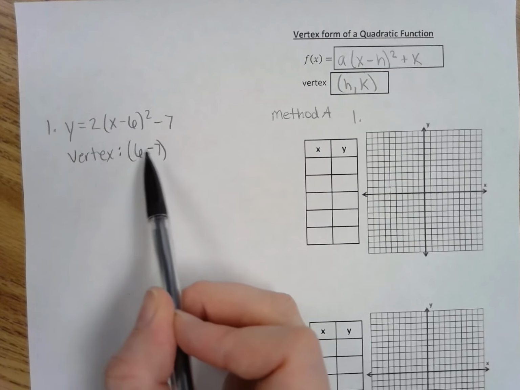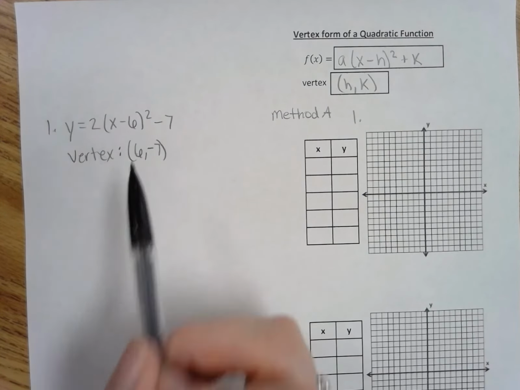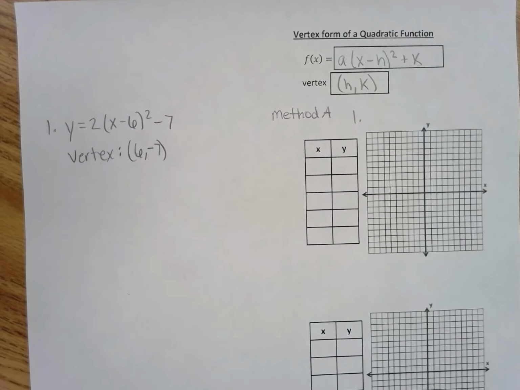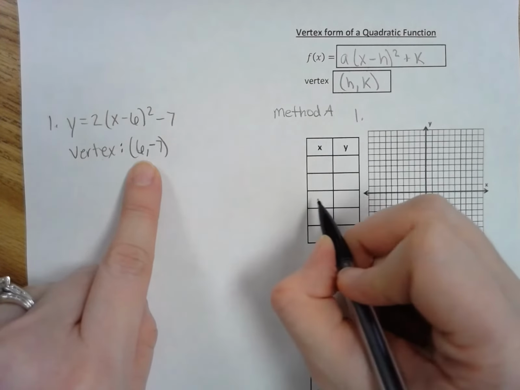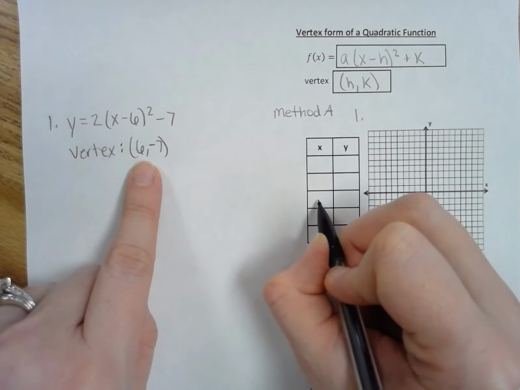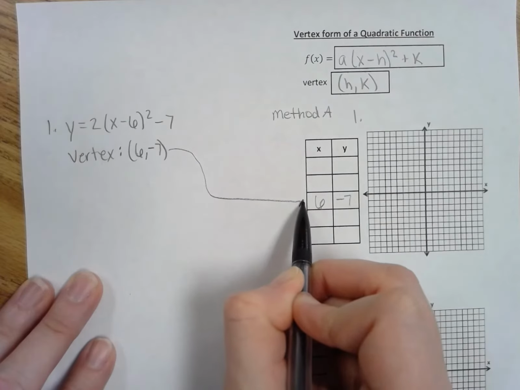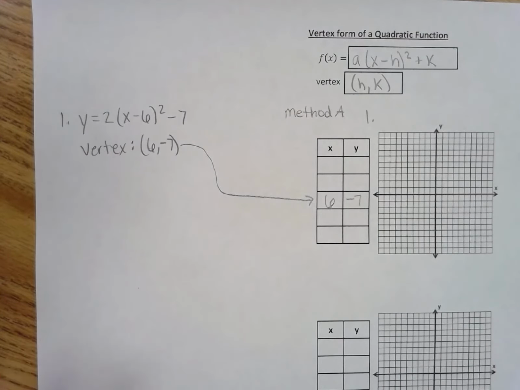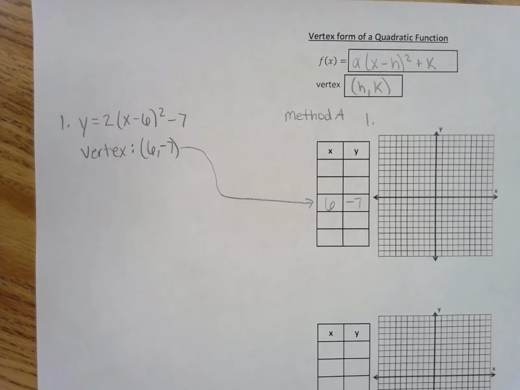Our vertex is 6, negative 7. So the axis of symmetry and vertex we found by naming our h, k, and then we make a table of values. So we can put this vertex in the center of our table, 6, negative 7. It goes in the middle of your table. And if you think about graphing 5 points, the vertex will be in the center. You want 2 points on either side to make that nice U shape.